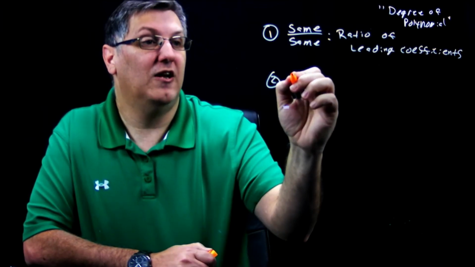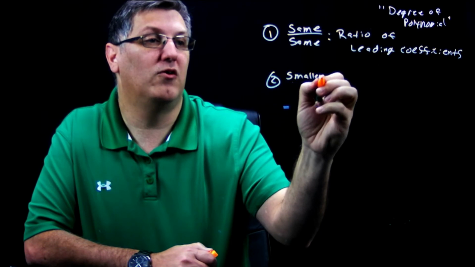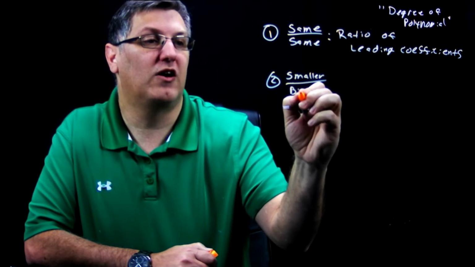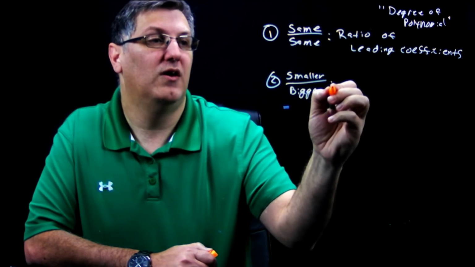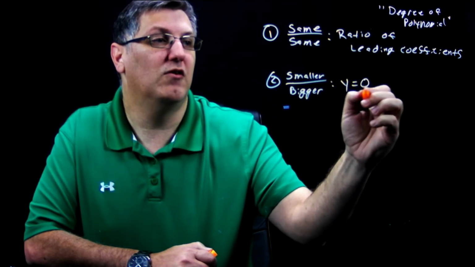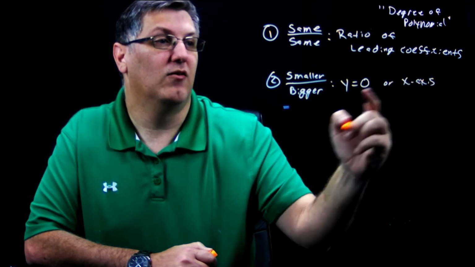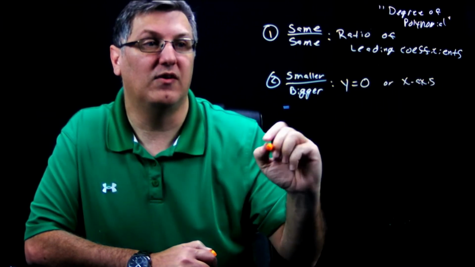If the numerator is smaller than my denominator, and we're talking about the degrees of the polynomial, my horizontal asymptote is going to be y equals 0 or the x-axis. Same thing. This is the equation of it. This is the name of it.